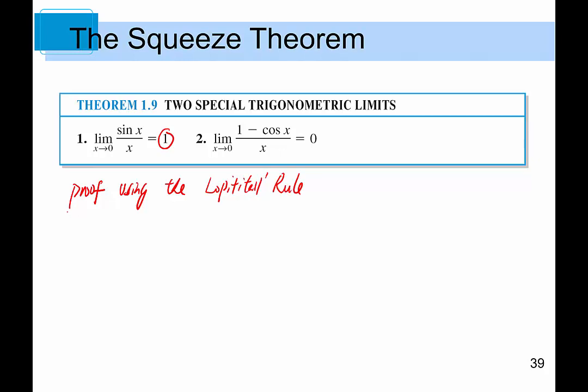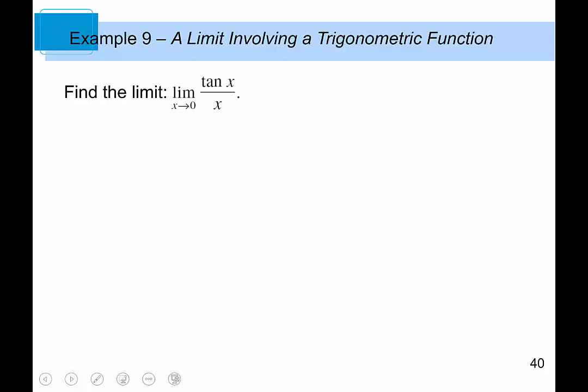We're going to prove this later using L'Hopital's rule. And the limit as x approaches 0 of 1 minus cosine x over x equals 0. So those two are very special trigonometric limits.